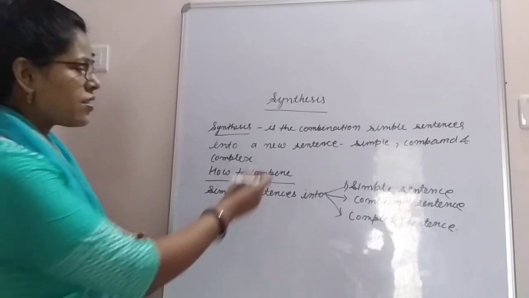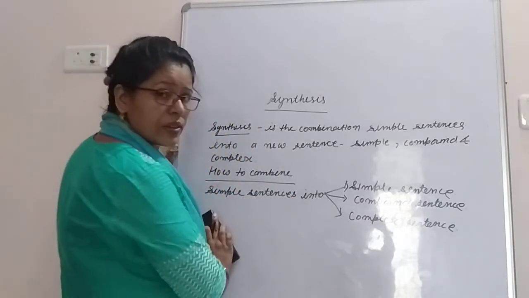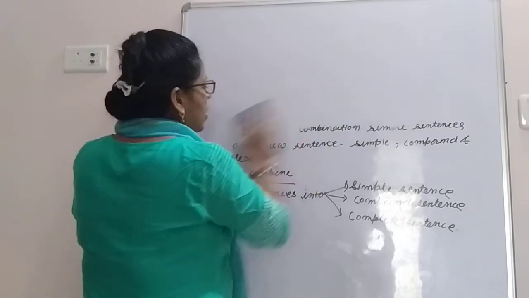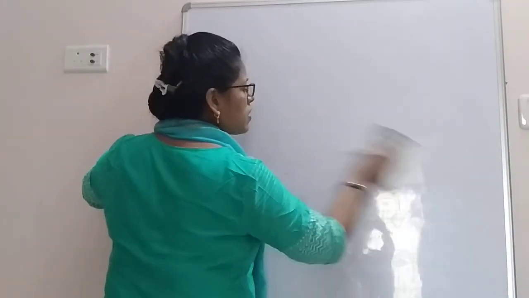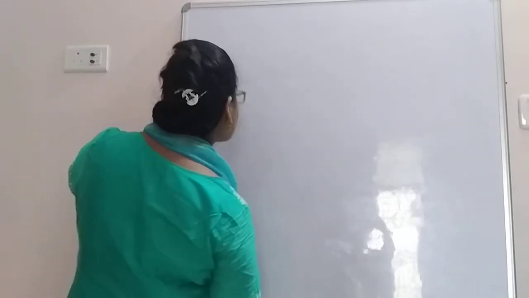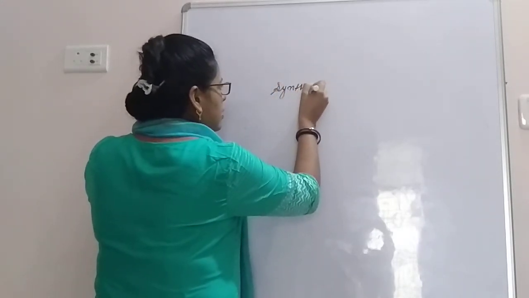Okay, so these three we have to study basically in this topic. Got it? Now, we will understand here what is the meaning of simple sentence. Without it, you will not be able to understand this topic.